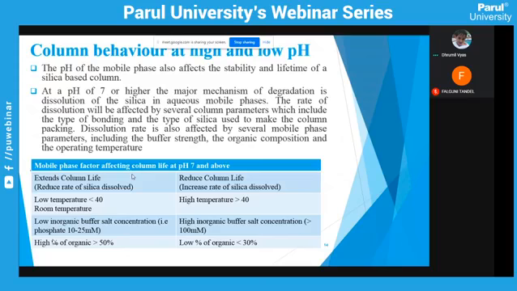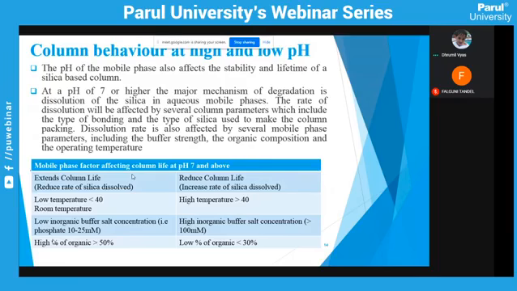At the higher side, if you are going to adjust your pH to 7 or higher, the major mechanism of degradation is dissolution of the silica in aqueous mobile phase. This table shows very well that if you are going to adjust your pH to 7, you have to work with a lower column oven temperature.